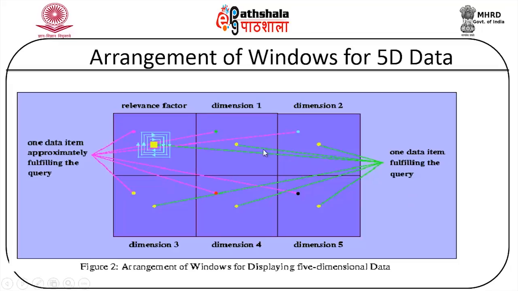As you can see, the first window shows the relevance factor, then we have the window for all the 5 dimensions, and we can see one data item approximately fulfilling the query being shown here. Similarly, one data item fulfilling the query is shown using the green arrow. So, the arrangement of windows for displaying the 5-dimensional data is represented here.